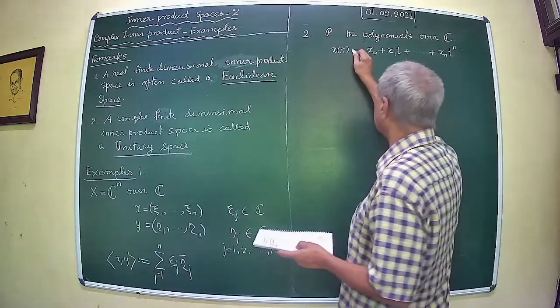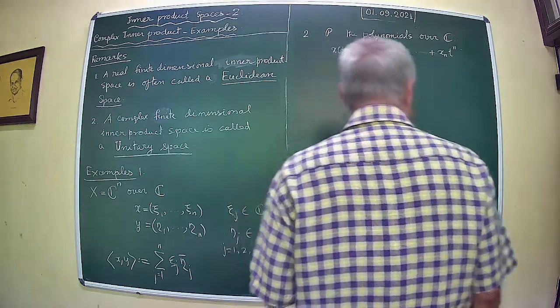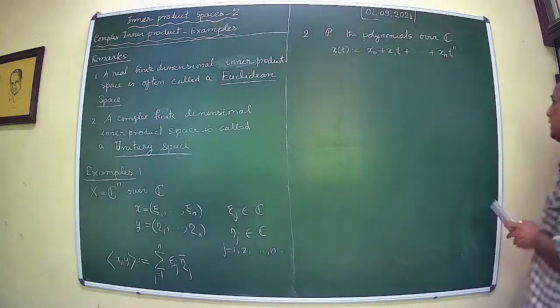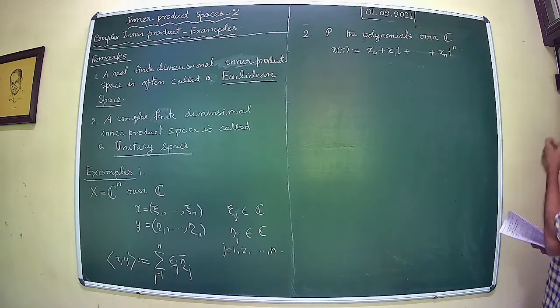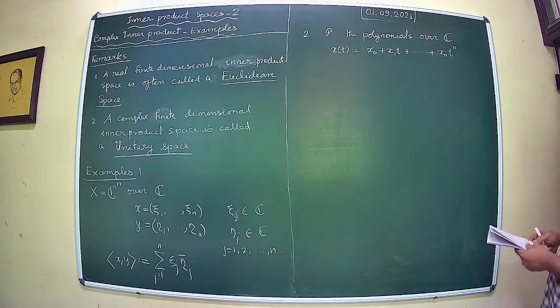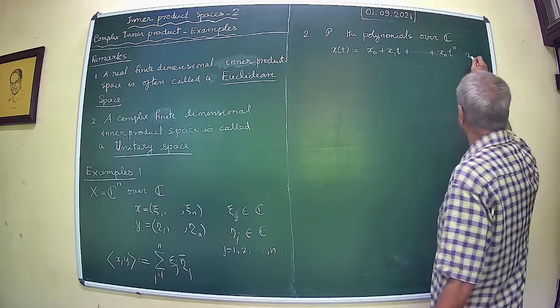This is the definition that we make. And this is an nth degree polynomial, provided xn is not equal to 0, then this is an nth degree polynomial with the coefficients in C.